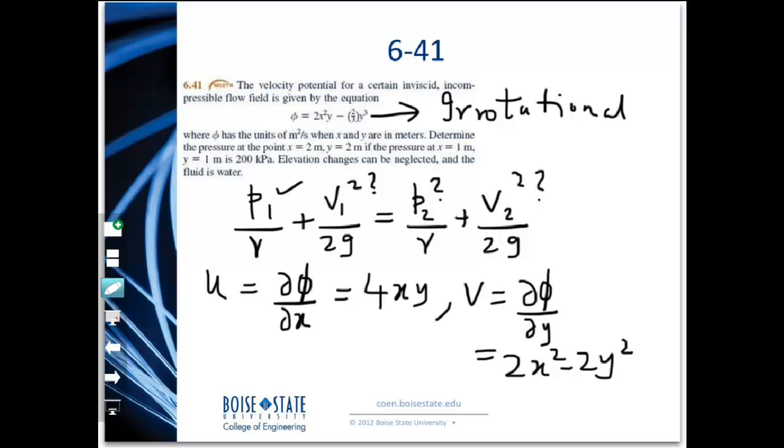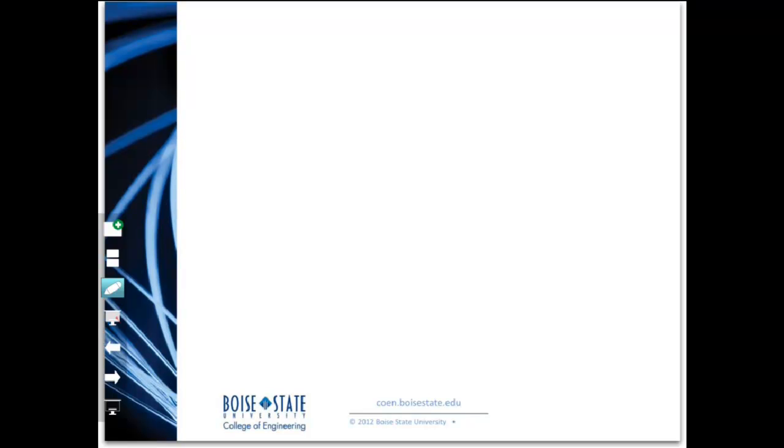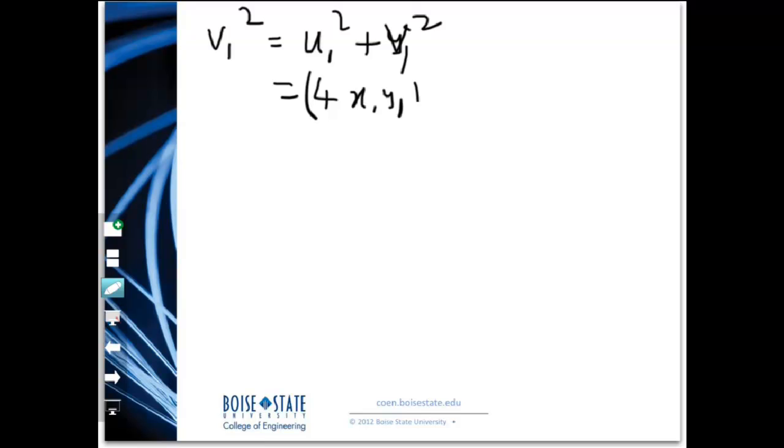Now we know that V1 square will be equal to u1 square plus v1 square, and the subscript 1 here denotes that it is x1, y1, plus 2x1 square minus 2y1 square.